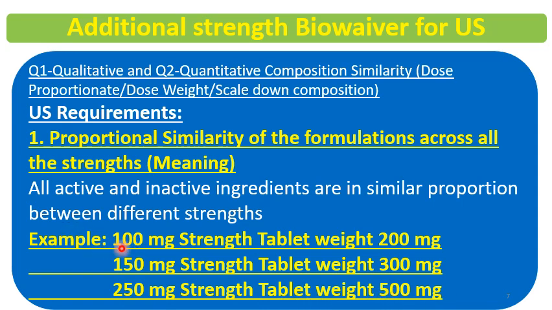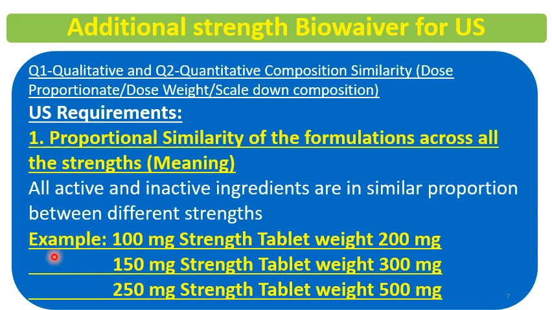The 100 mg is the label claim and tablet weight is 200 mg. So directly as the strength is increasing, in the same proportion the tablet weight is increasing. That means the same composition in the same proportion is taken. This is called as dose proportionate formula, dose weight formula or scale up scale down formula.